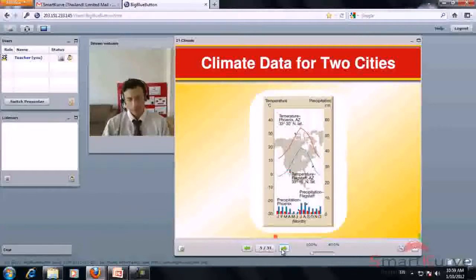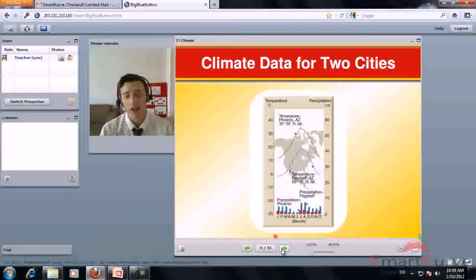However, despite these similarities, I also want you to notice the big differences between these two cities. With temperature, we can see that all year round, the temperature in Phoenix is much higher.